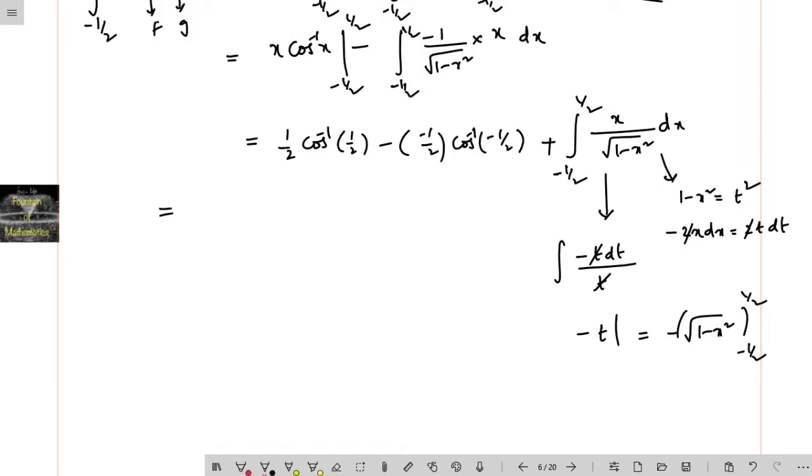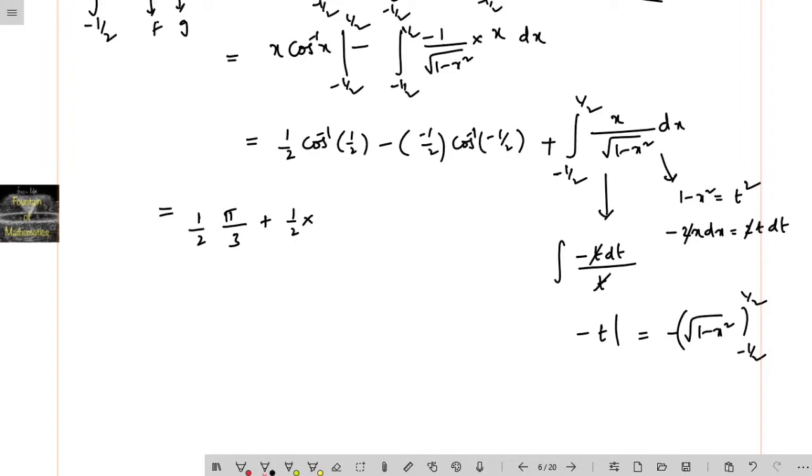So we get 1 by 2 cos inverse of 1 by 2, and cos inverse of 1 by 2 is pi by 3. Minus of minus becomes plus, 1 by 2 into cos inverse of minus 1 by 2.